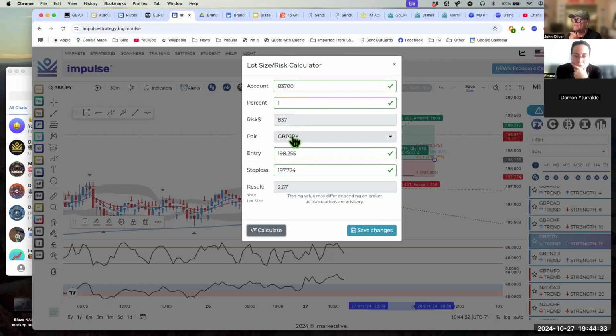The pair you're calculating on will be automatically entered. The entry price will be where the price is right now at market price, but we don't want that. We want where our entry is, so we put it in here. Then our stop loss goes in here, and to get the result we hit calculate. When you hit calculate, we got 2.767.